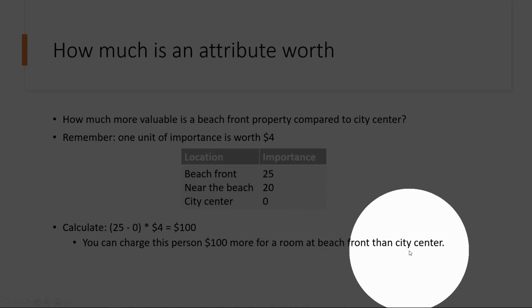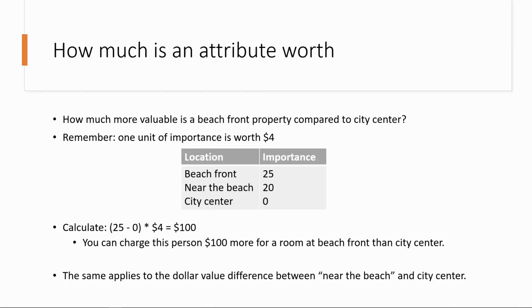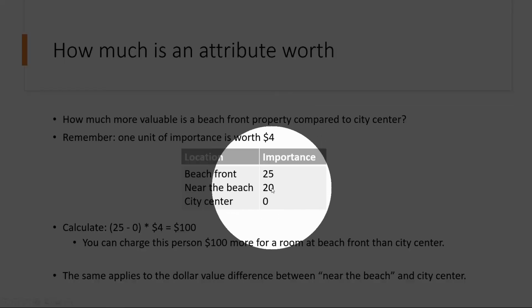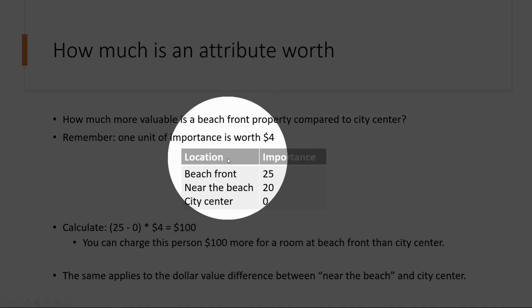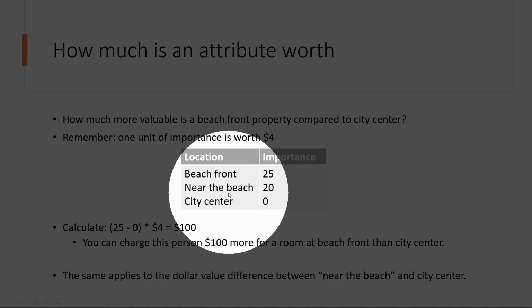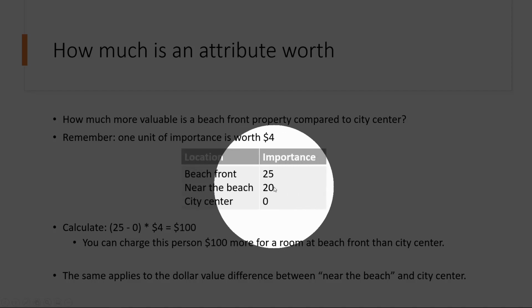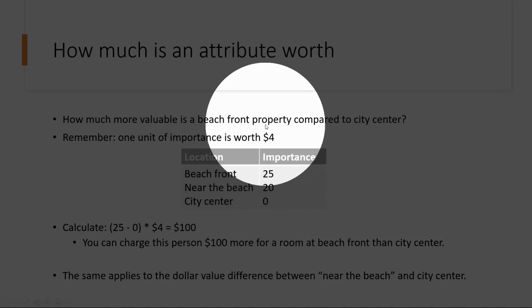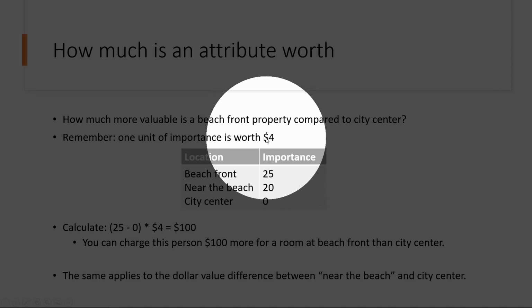than city center. Of course, the same applies to the dollar value difference between near the beach and city center, and that difference would be 20 times 4, that's $80. And the difference between beachfront and near the beach is 25 minus 20, that's 5 points, and 5 points times $4 per point, that's $20.